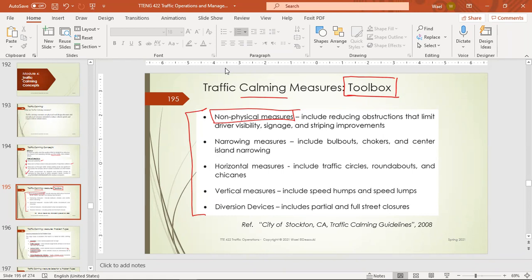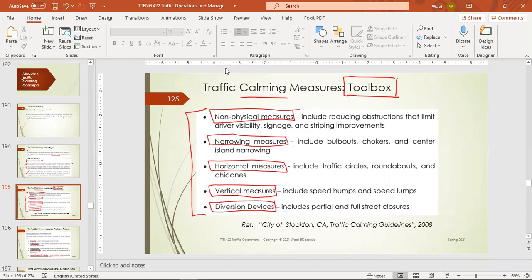The other four are physical measures: narrowing measures, horizontal measures, vertical measures, and diversion devices. We will discuss each of these carefully.